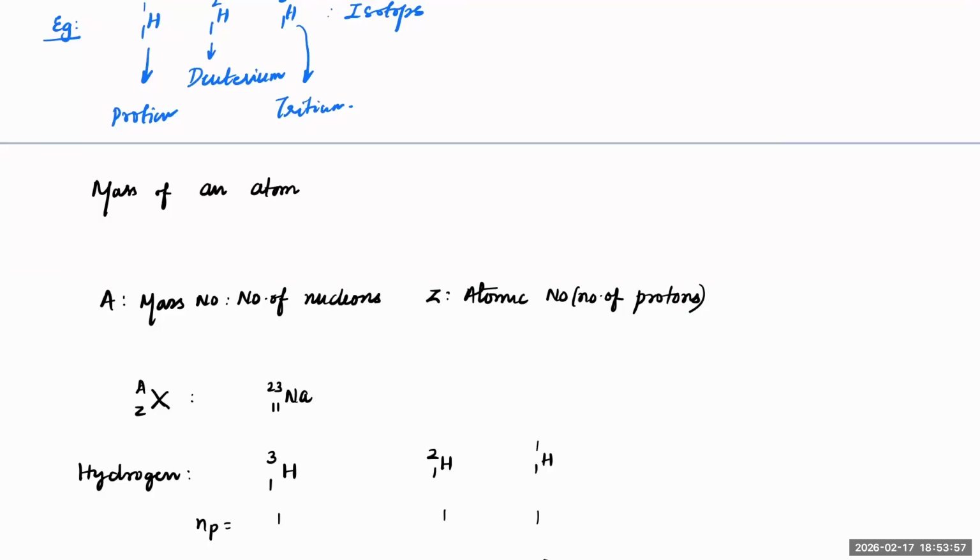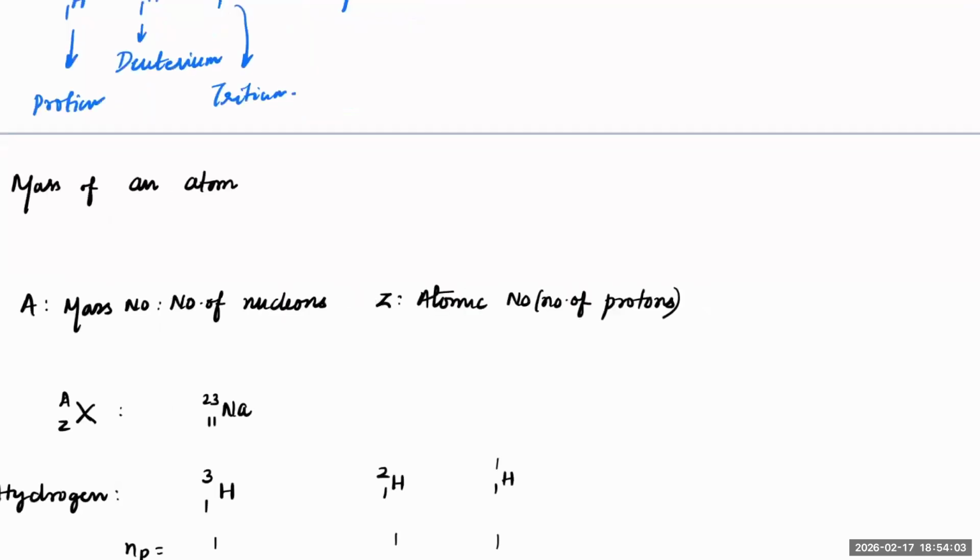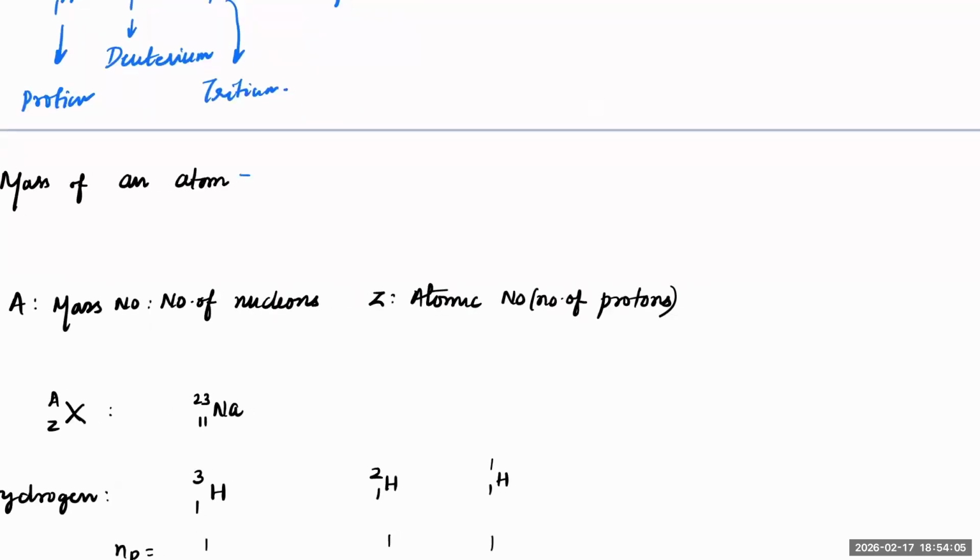One is electrons, the other one is protons, then we have neutrons, correct? So mass of an atom is always equal to number of protons into mass of proton plus number of neutrons into mass of neutron plus number of electrons into mass of electron. Can I say that? This will give the total mass, isn't it?